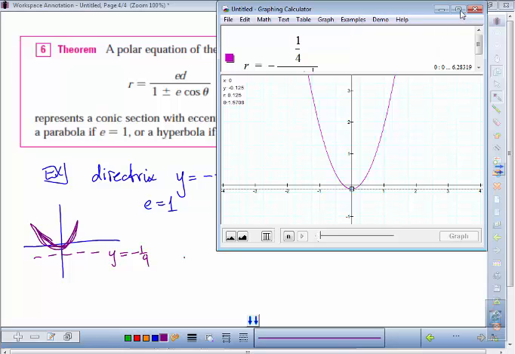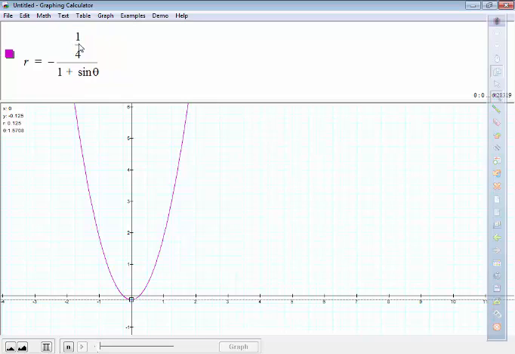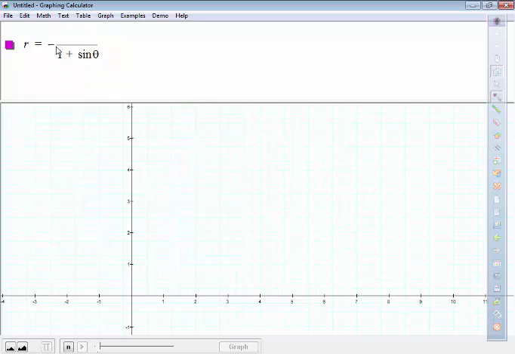So I'm going to do a big screen on this and change some parameters here. There are two numbers that we're multiplying, the eccentricity and the directrix. Let's make the directrix equal to 1. And the eccentricity also goes here as a coefficient, right?